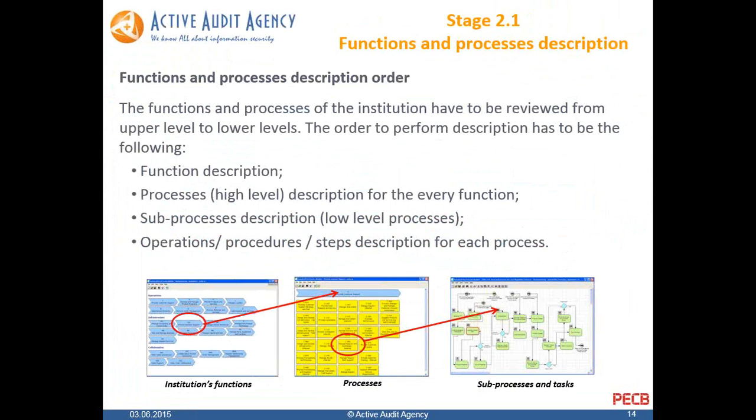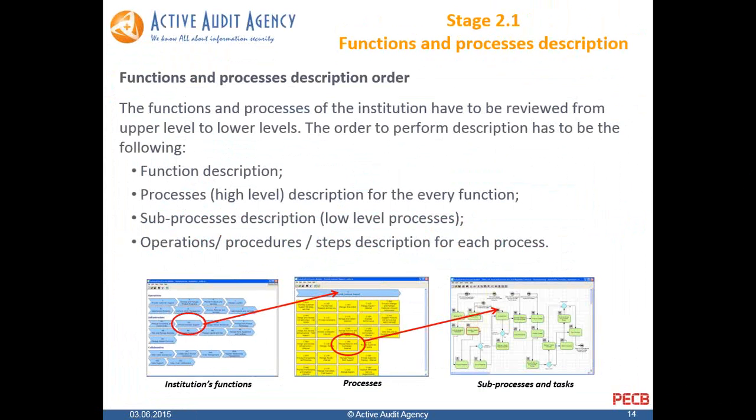The functions and processes of the organization have to be reviewed from upper level to lower levels. The order to perform description has to be the following. First, function description, then process, high-level description for every function, and some process description, low-level processes.